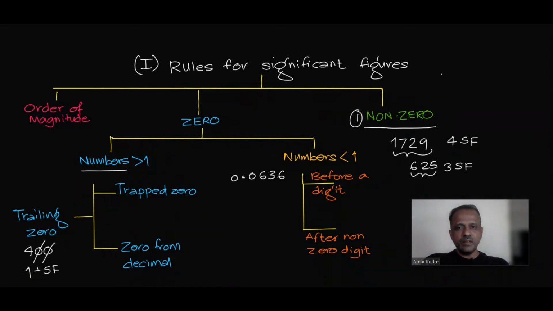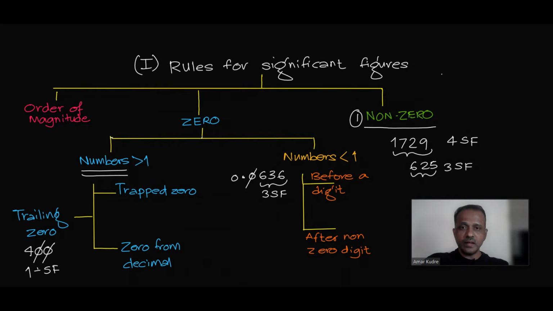So we should not consider this particular 0, which comes before a non-zero digit, as significant. So this particular number has three significant figures. The rule for the trapped zero for the numbers which are less than 1 is the same as for the numbers which were greater than 1.